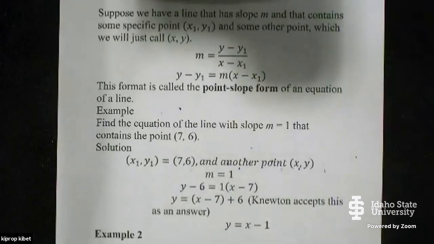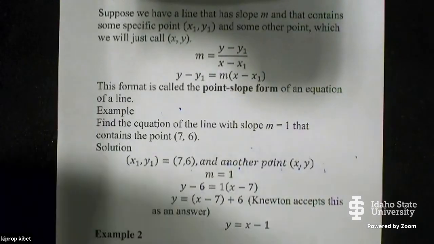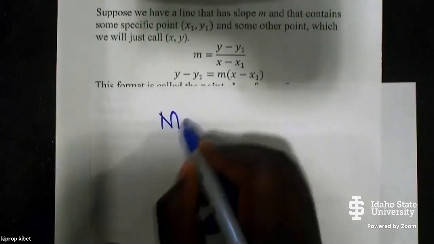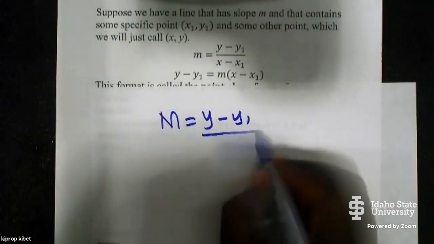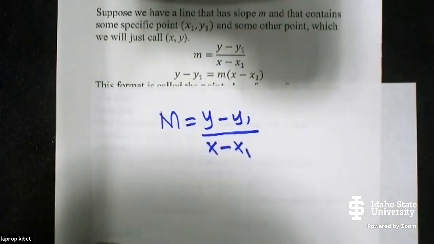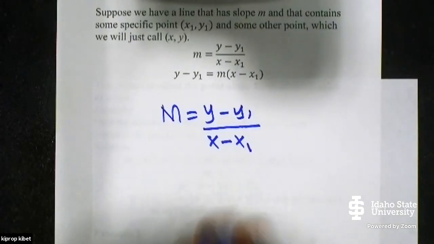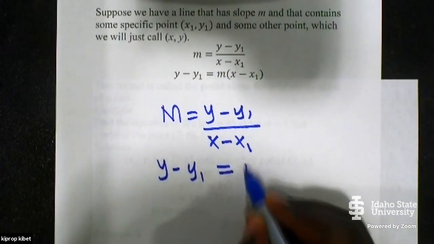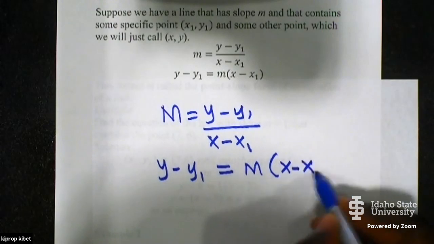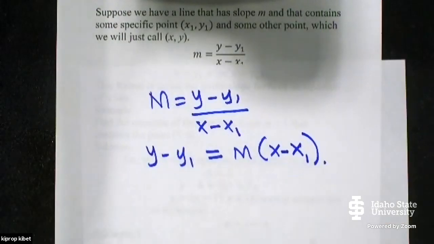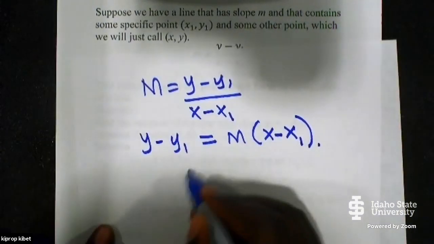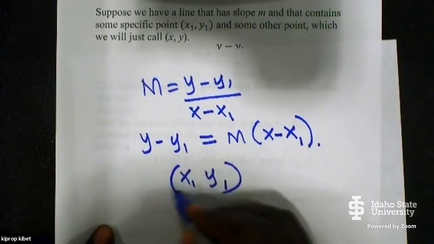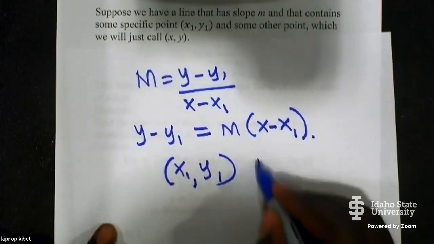Okay, so we have here m equals y minus y1 all over x minus x1. So y minus y1 equals m times x minus x1. So here you're given a point x1, y1, and then you're given the gradient, which is m.